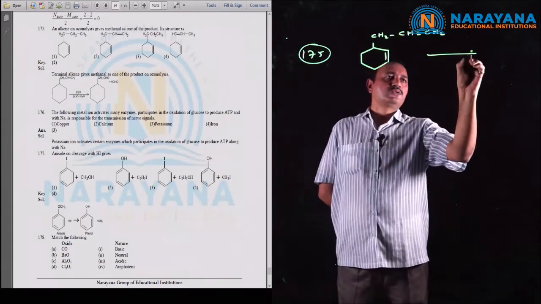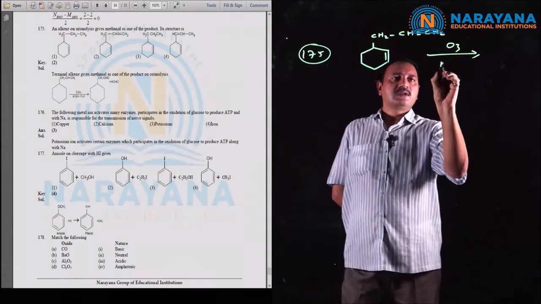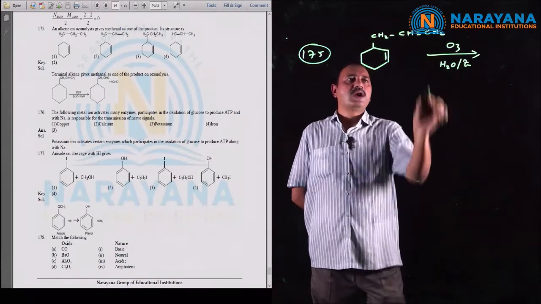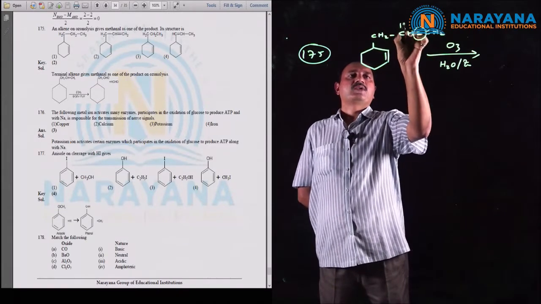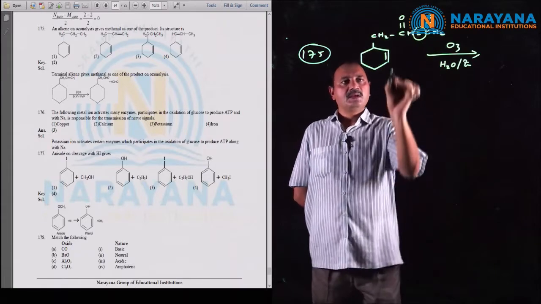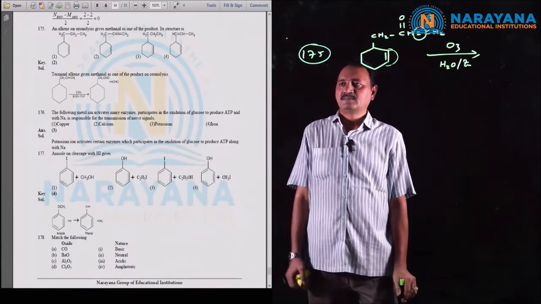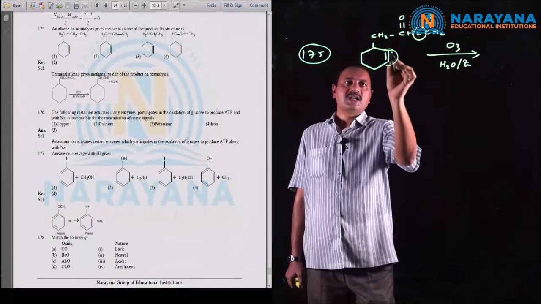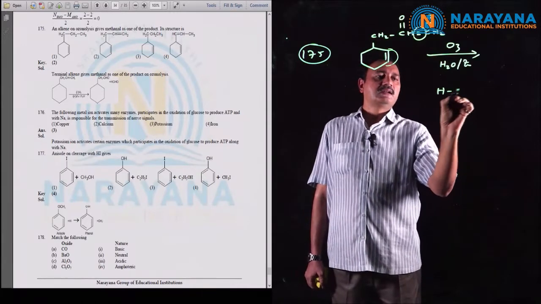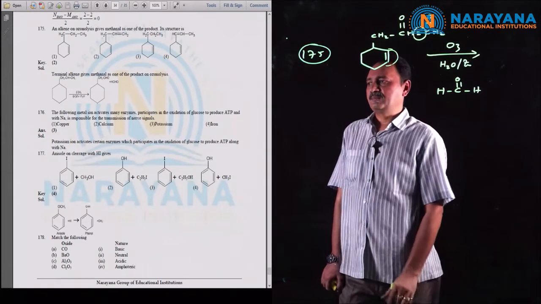If it is subjected to ozonolysis, that is ozone is added followed by hydrolysis in the presence of zinc dust, simply we have to consider the products, such as here we have to keep the double bond oxygen, and here we have to keep the double bond oxygen. Maybe there is a chance for ozonolysis at this site. Now this product is nothing but formaldehyde. One of the products is obtained from this compound.